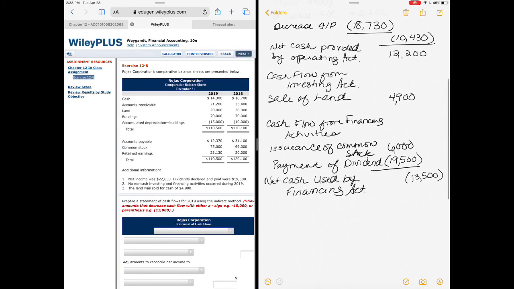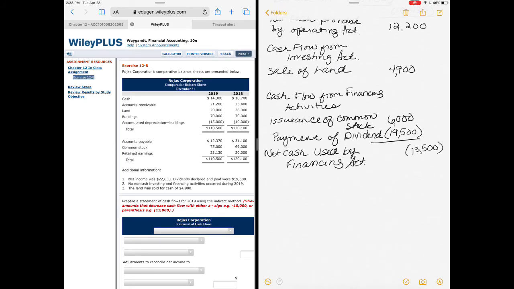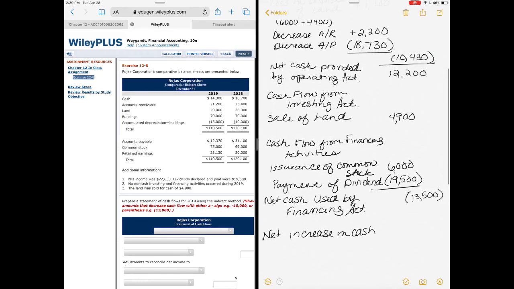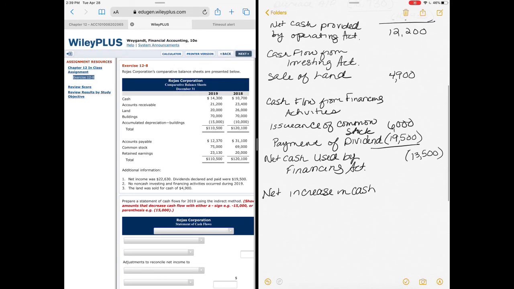So now I have my 3 sections done. What I want to do next is just reconcile this to my cash. So I'm going to look at what is the total net increase to cash. I get this by totaling my 3 sections. I'll take that $13,500 from my financing, the $4,900 from my investing, and the $12,200 from my operating. If I add those 3 numbers together, I should get an increase of $3,600.